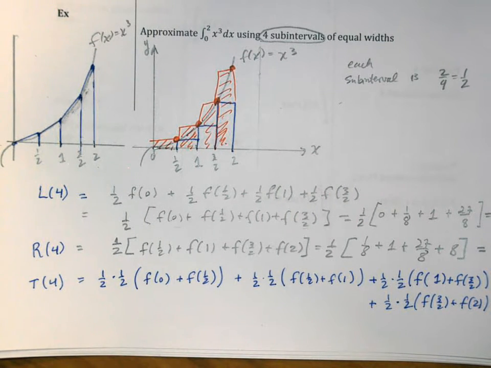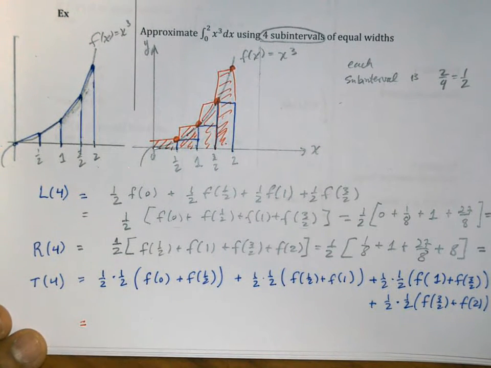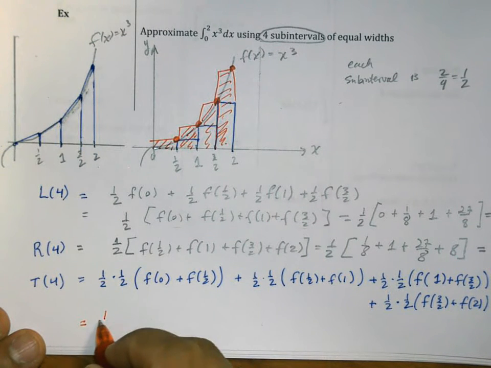But before we go further, I always like to factor things out if that's at all possible. So T of 4, you can see here that all of these terms have 1/4 in them. So I can pull out a 1/4.